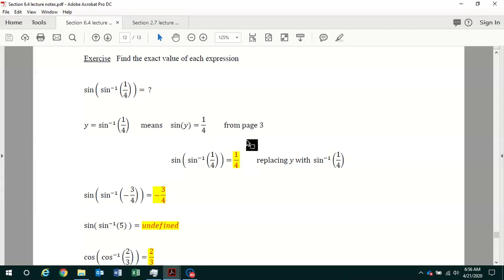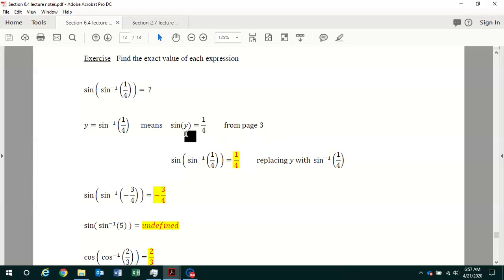From page 3 of your note packet, where we defined the domain and range of the inverse sine function, it states in the rectangle, if the angle y is equal to the inverse sine of 1/4, then the sine of that angle y is equal to 1/4. That's on page 3 of your note packet.